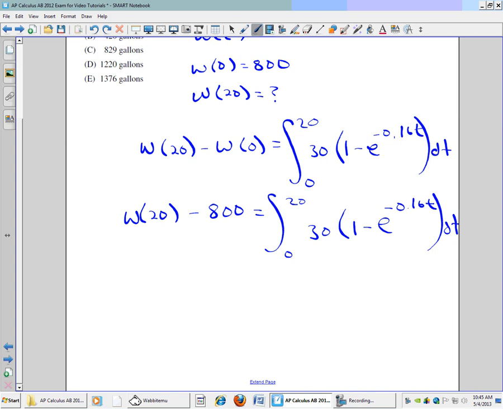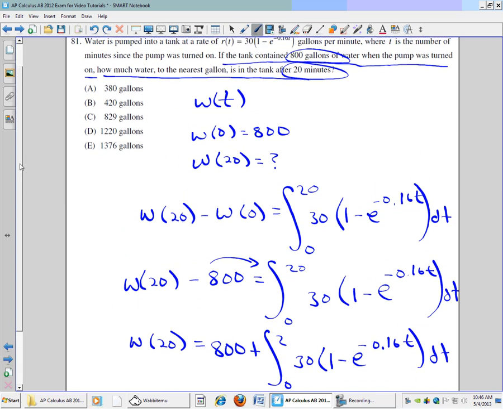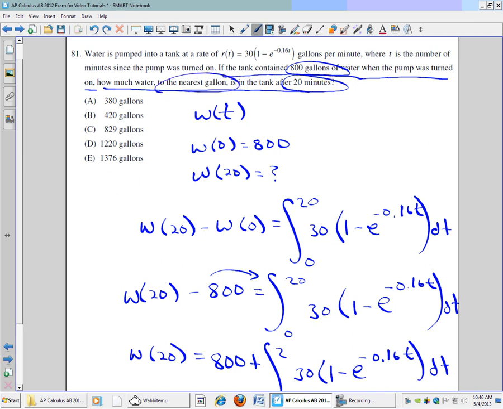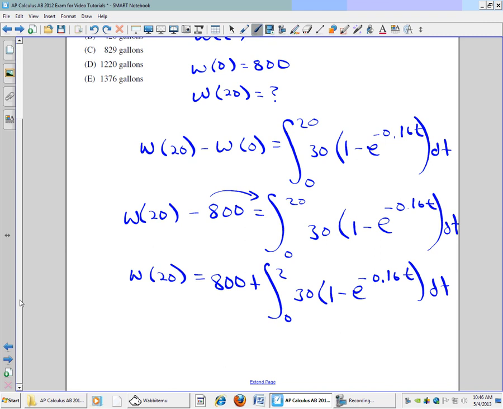And so I can add the 800 to the other side, and we'll get W of 20, the amount of water in the tank after 20 minutes, equals 800 plus the integral from 0 to 20 of 30 times the quantity of 1 minus e raised to the power of negative 0.16 t dt. Now I noticed that the problem says to round this to the nearest gallon, so we're just going to put this in the calculator and then round it to the nearest gallon.